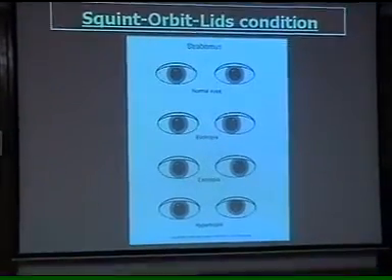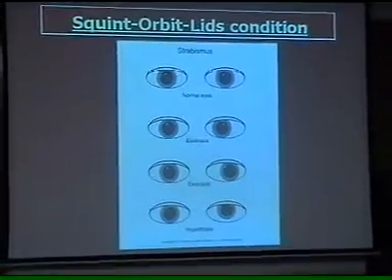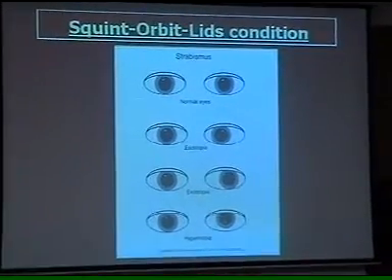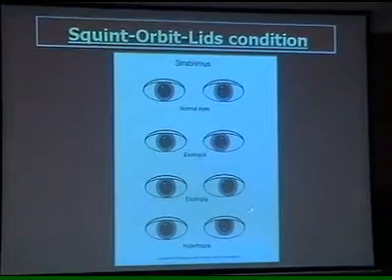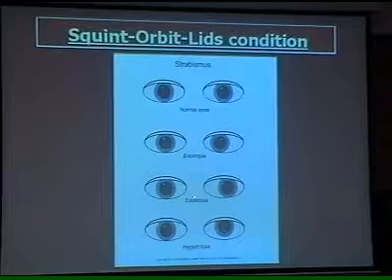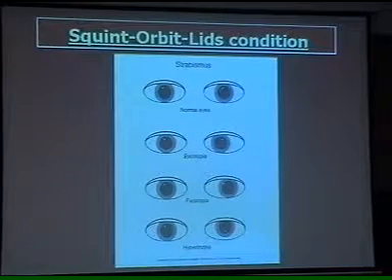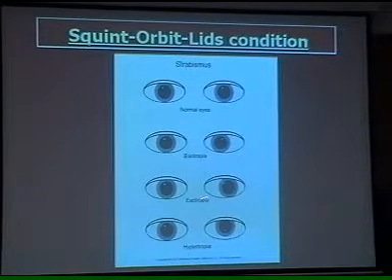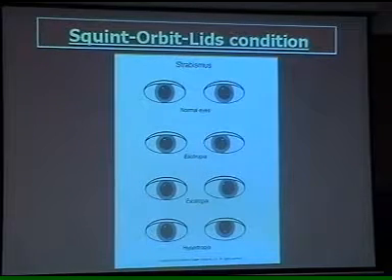But any squint which is obvious without the cover test and is seen in the clinical examination is a tropia. Eso is when the eye is deviated towards the nose. Exo is when the eye is deviated outside. So divergent squint is exotropia, convergent squint is esotropia.